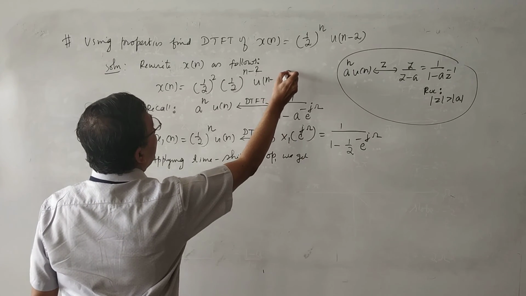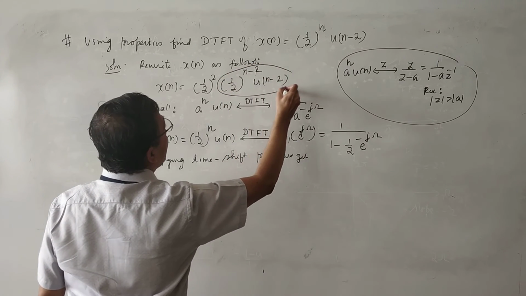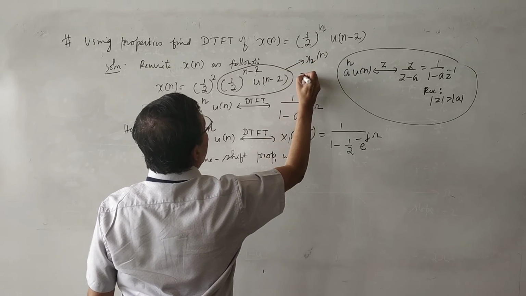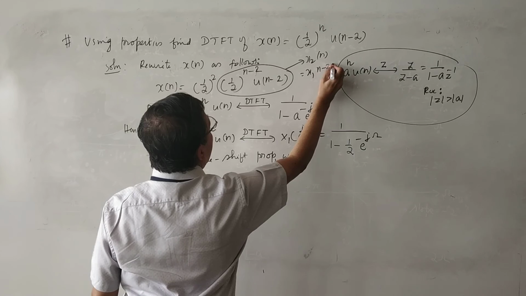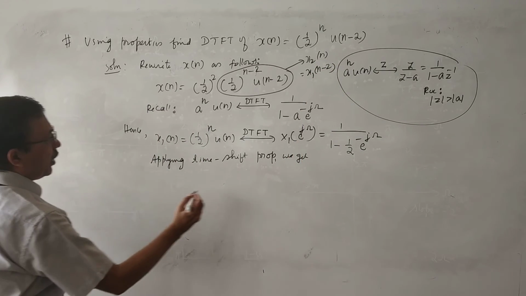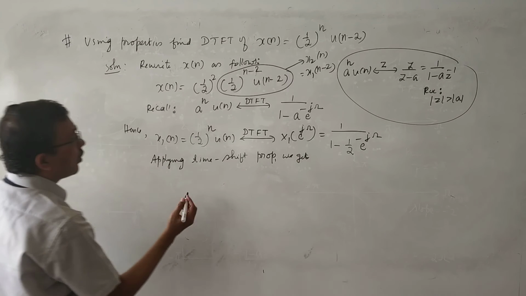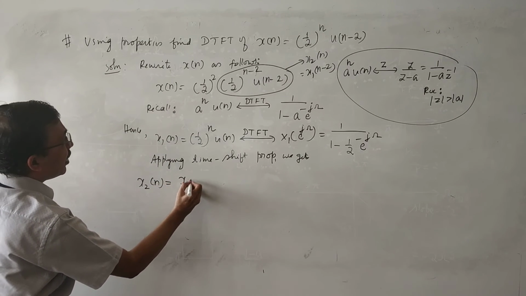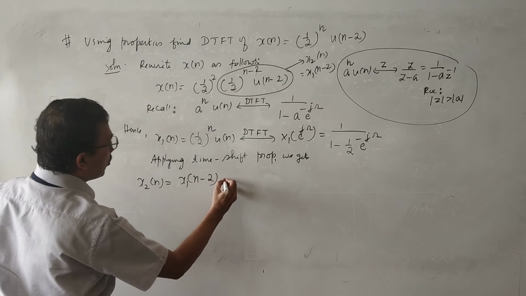I will call this entire thing x2 of n. What is x2 of n? x1 of n minus 2. Applying the time shift property we get, kindly concentrate, x2 of n is equal to x1 of n minus 2.